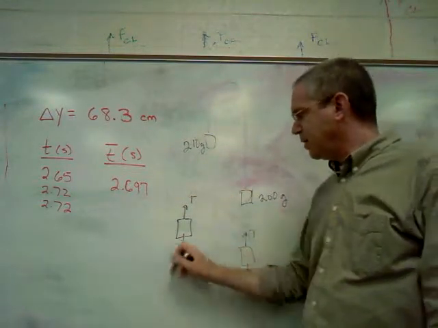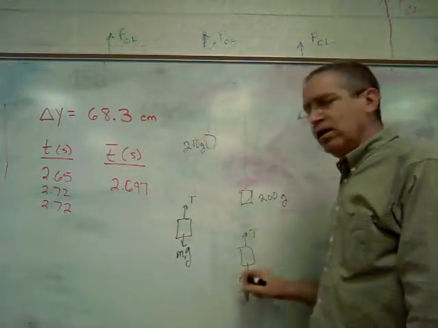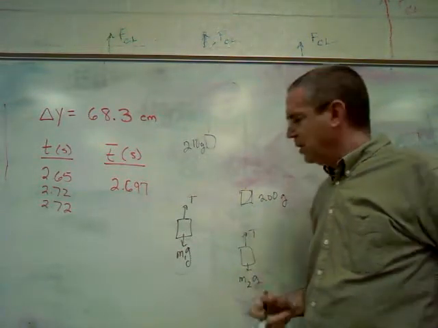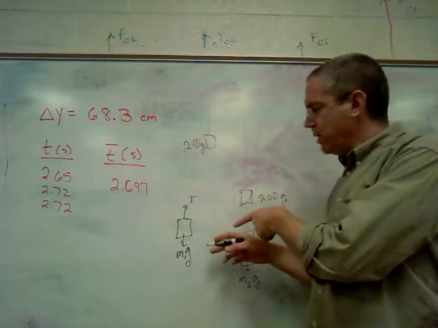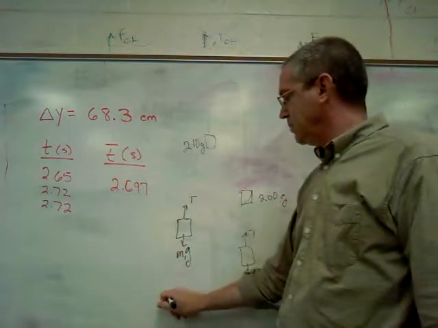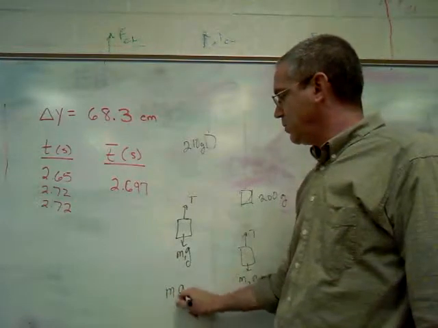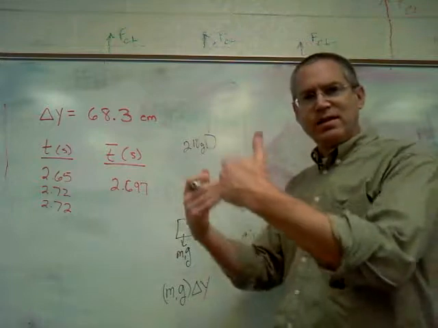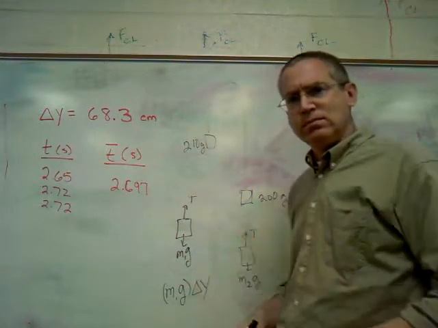So what I really care about are the forces done by the weight of each, or the work done by the weight of each object. And so the weight of this one right here is going to be the work done, M1 times G, that's the weight, times the distance that the thing falls.